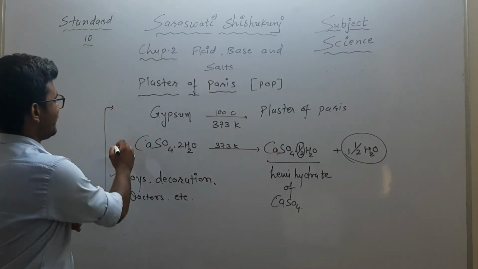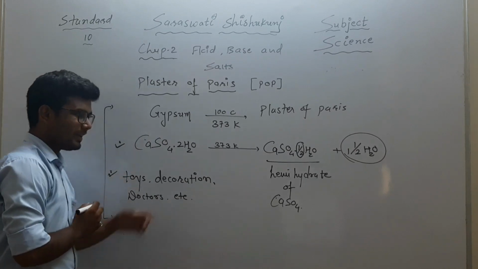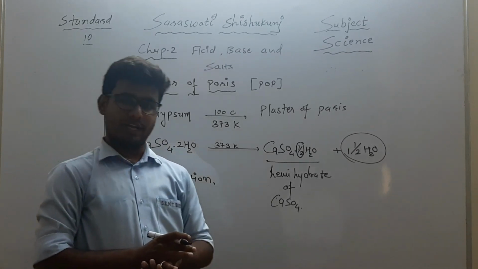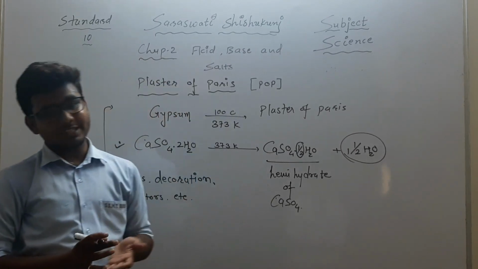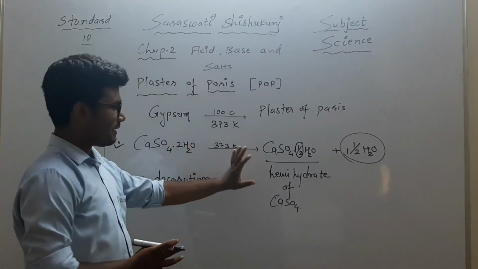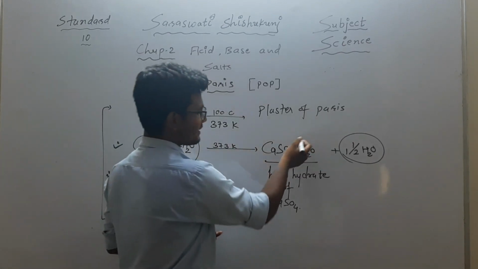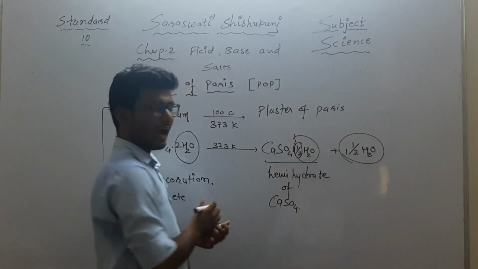That's why I have written the equation like this, right? So don't get confused between this reaction and the reaction of our textbook, right? You will also understand the crystallization and decrystallization. In that, this concept will be clear to you, how this dihydrate is converted into hemihydrate.